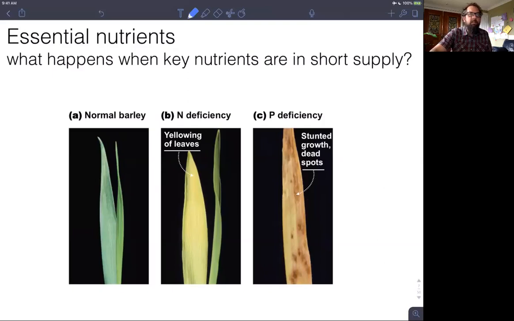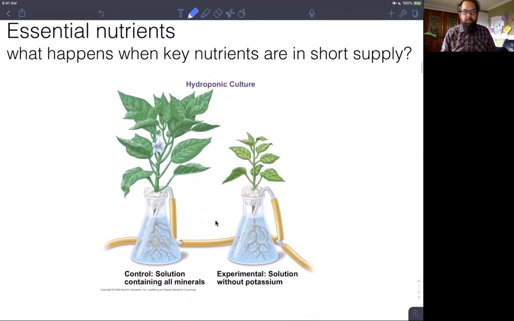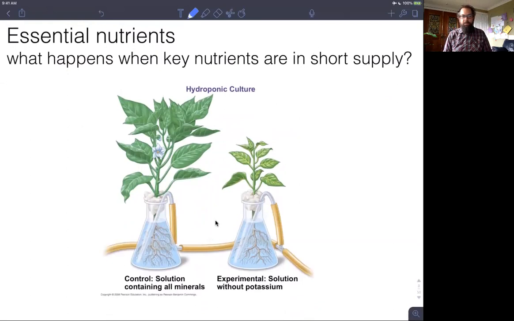You see that. And so with these different micro and macronutrients, how do you actually determine what the symptoms are for essential nutrients? One of the main ways this is done is to grow plants in hydroponic solutions. In hydroponics, you can use a control solution that contains all of the minerals.